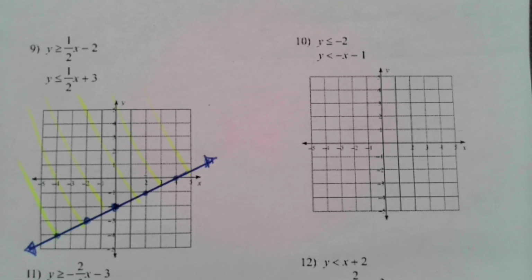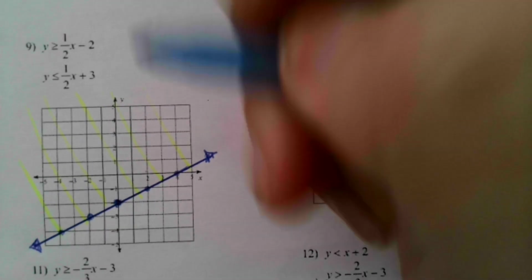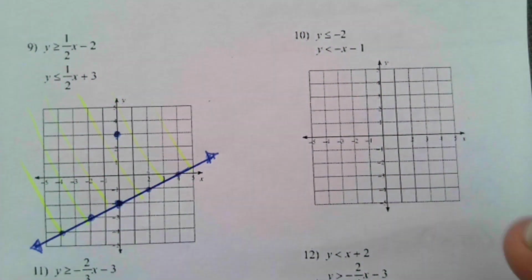Okay, so the next step is, what's my y-intercept for the second equation? 3, exactly. Yeah, that's 3. What's my slope?